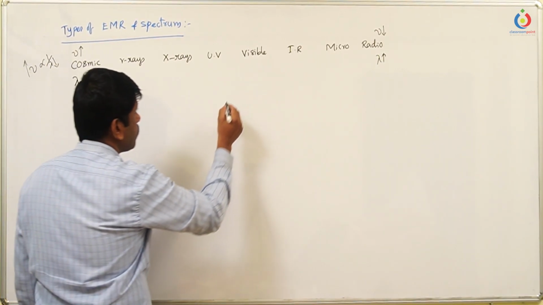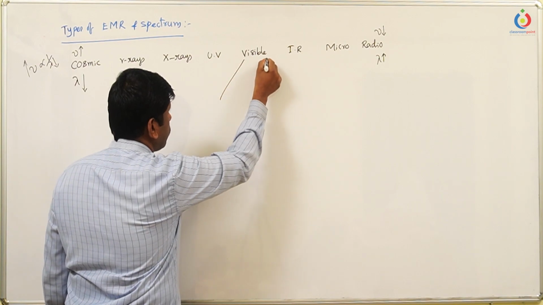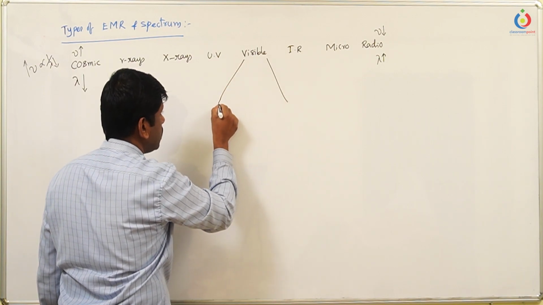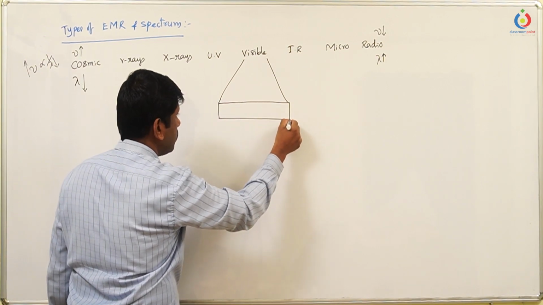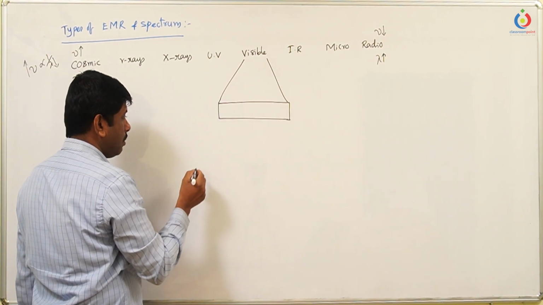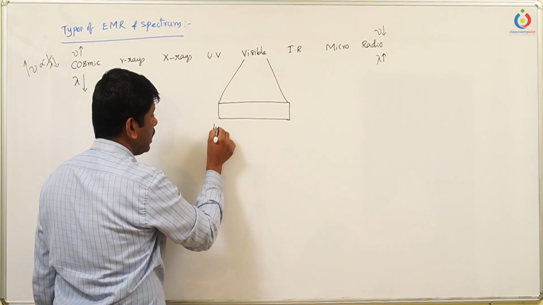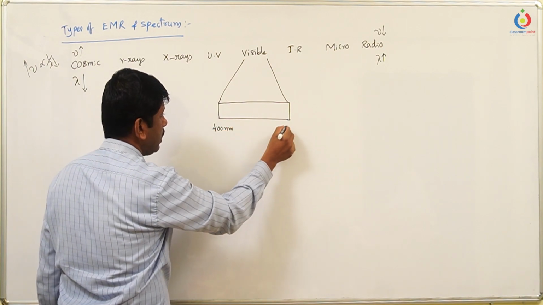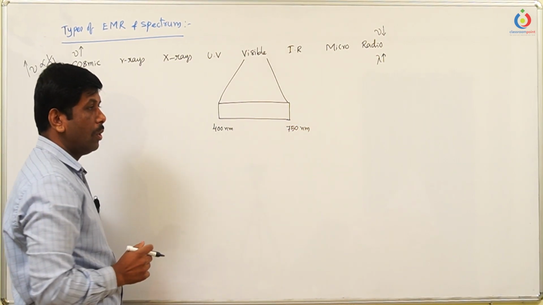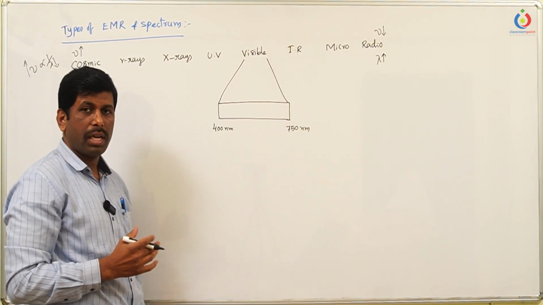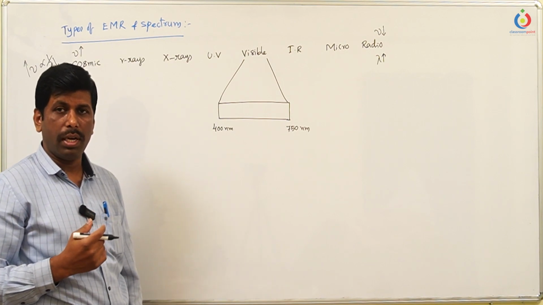Here there is a particular part of the spectrum which is visible to our naked eye, and that is called the visible spectrum. The visible spectrum has a range of 400 nanometers to 750 nanometers. Only this much range of the electromagnetic radiation can we see directly with our naked eye.